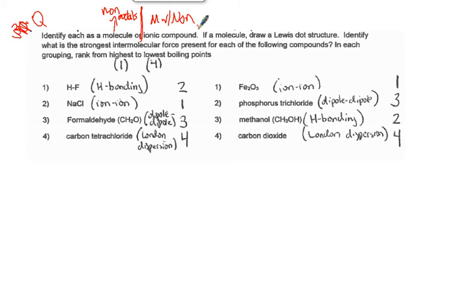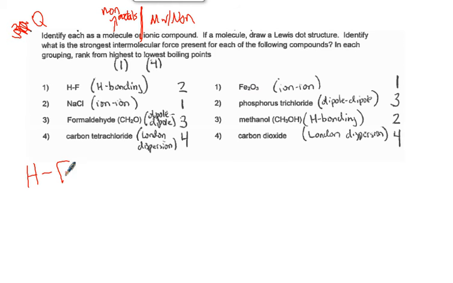So you have to pull out your periodic table if you can't see it in your head. So this one's got a metal and a non-metal, so it's ionic. Iron is a metal, and oxygen's a non-metal. The other ones, well, they're molecules. So we'd have to draw their Lewis dot structures as instructed here.